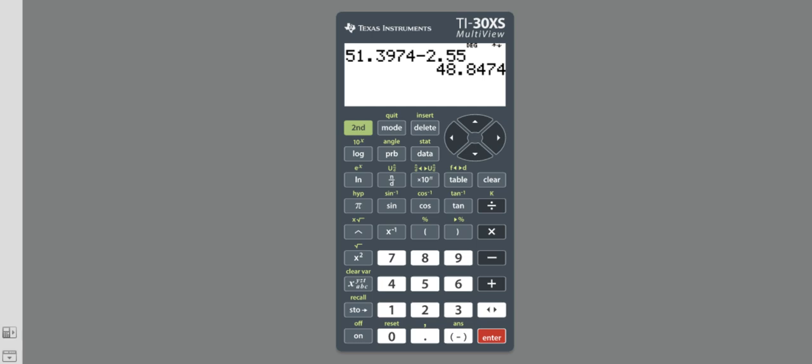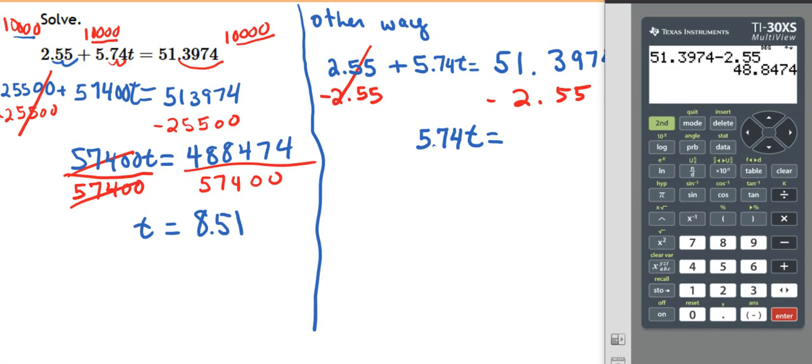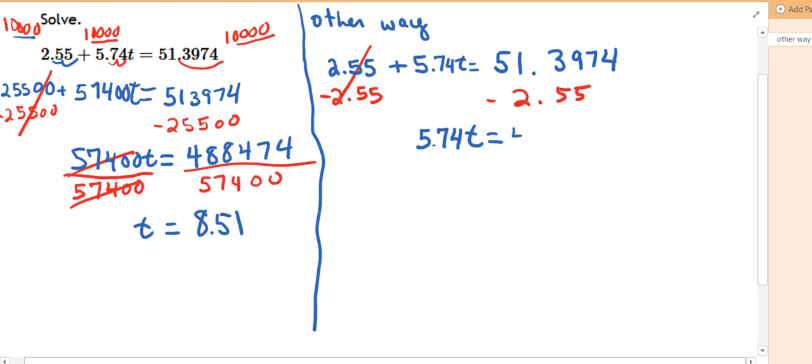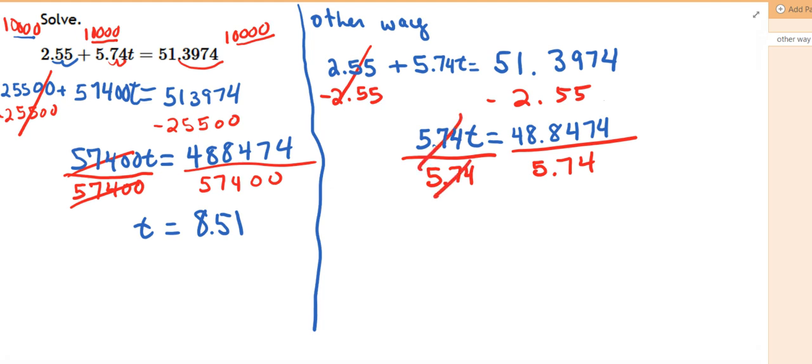All right, so I have 48.8474. So 48.8474. And then we divide by 5.74 on both sides. And that will give us T.